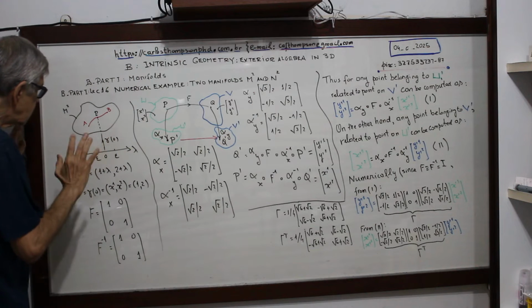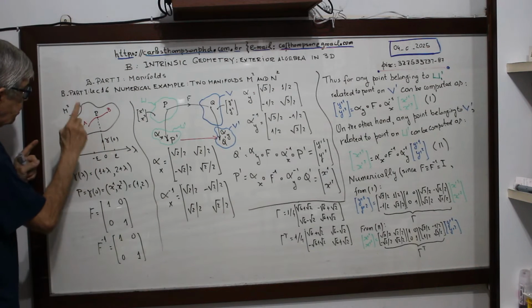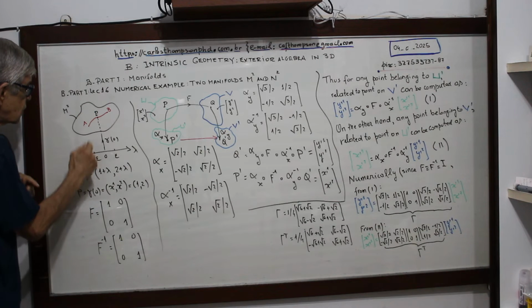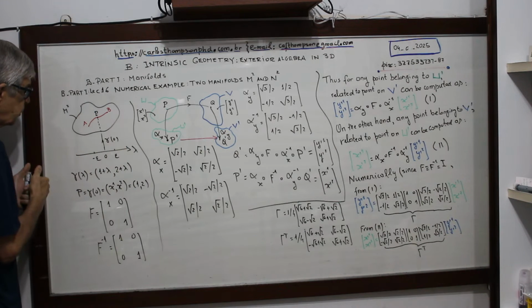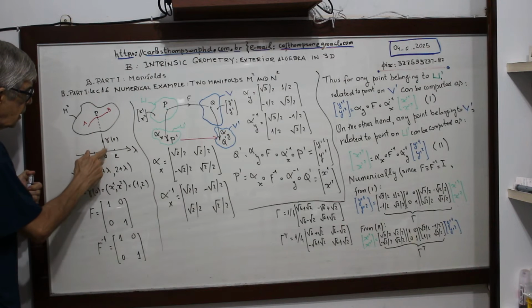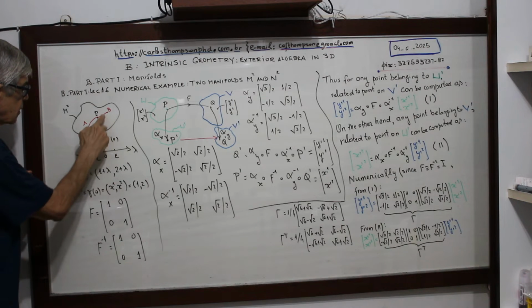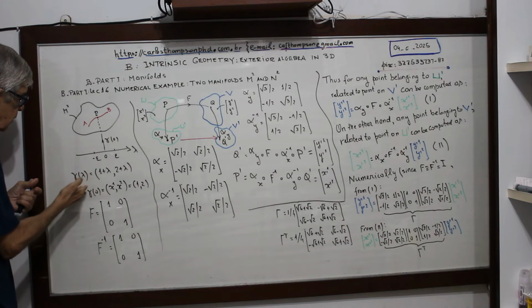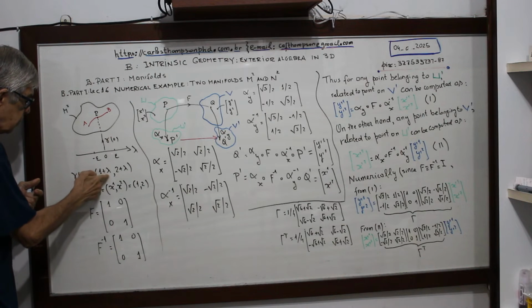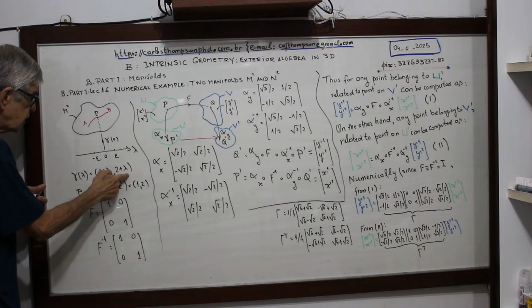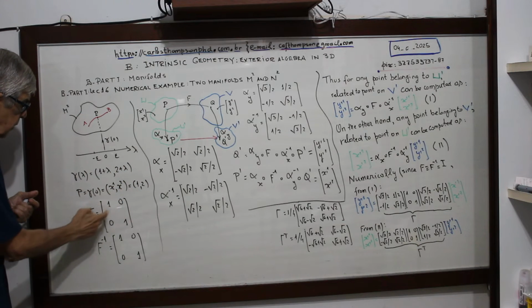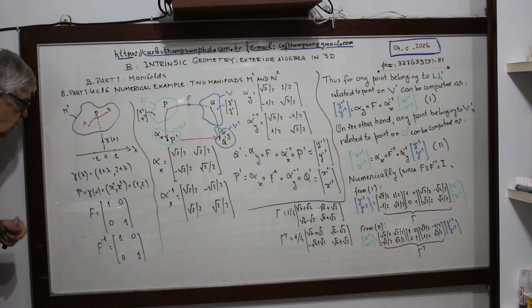Now, let's start. You see, that's a point P I want to start. As we did in previous video, this is gamma of 0, that's a point P. My gamma, you see, is 1 plus lambda, 2 plus lambda. For lambda equal 0, that's my point P, it's 1, 2.